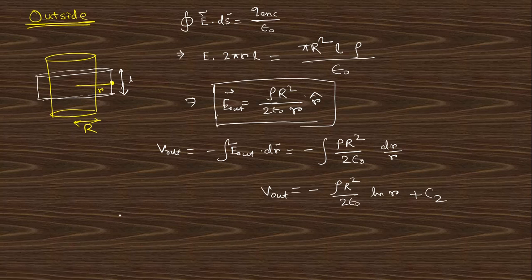So if you take some point A, for the first condition, the boundary condition, at r equals to A somewhere V is 0.